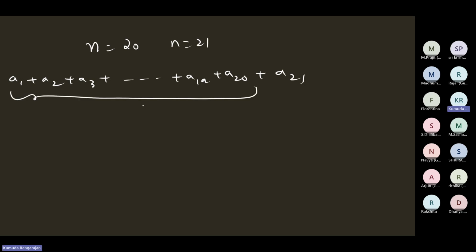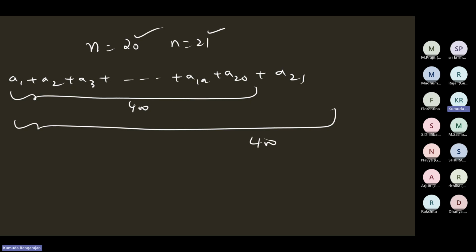I'll just take an example. If this sum is 400 and this sum is also 400, that is the case where the two values of n are consecutive numbers. From A1 to A20 is 400 and from A1 to A21 is also 400. That is because the value of this term is 0. To this sum, if you add A21, you're getting the same 400 as the sum.